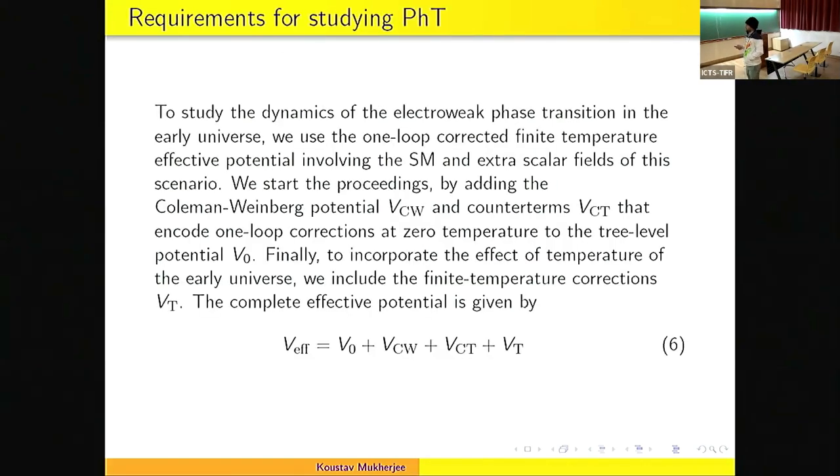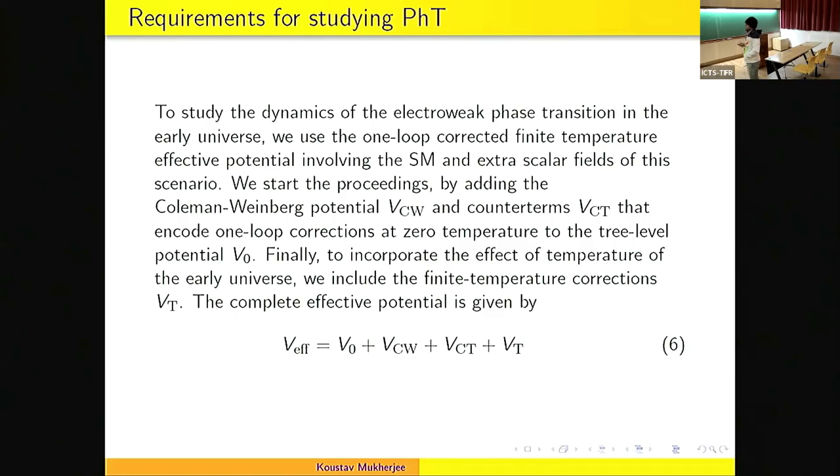The requirement for studying the phase transitions is the Coleman-Weinberg potential at zero temperature, and also the finite temperature part, which together form the total effective potential, given by equation 6. This V0 is the tree level potential, the classical part. The CW is the one loop Coleman-Weinberg potential at zero temperature.